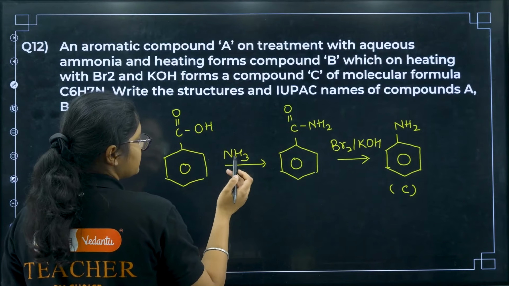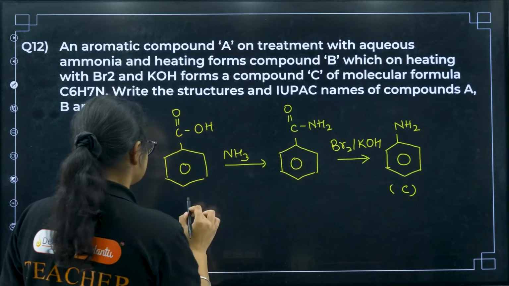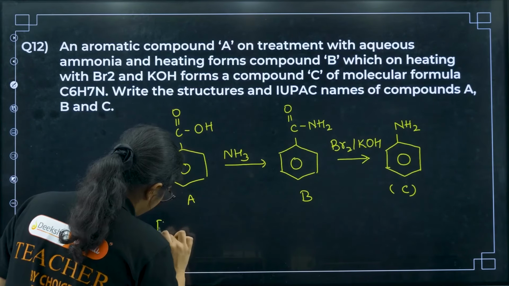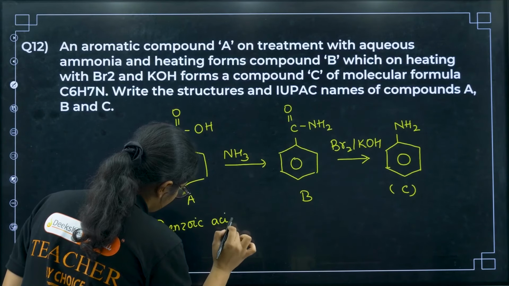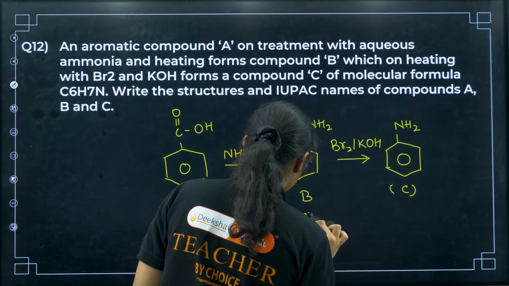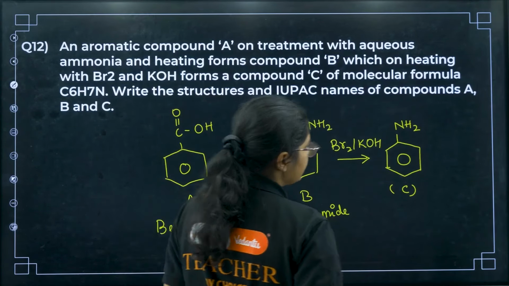Okay, so this one will treat NH2 here and then you will get this one, right? So this is A and this is B. So A is your benzoic acid, okay. B is benzamide, okay, and C is aniline.